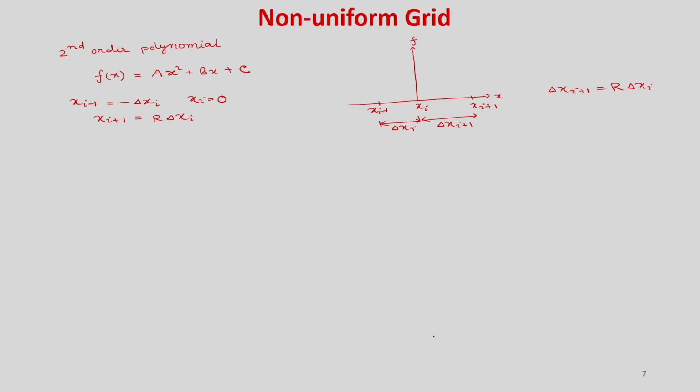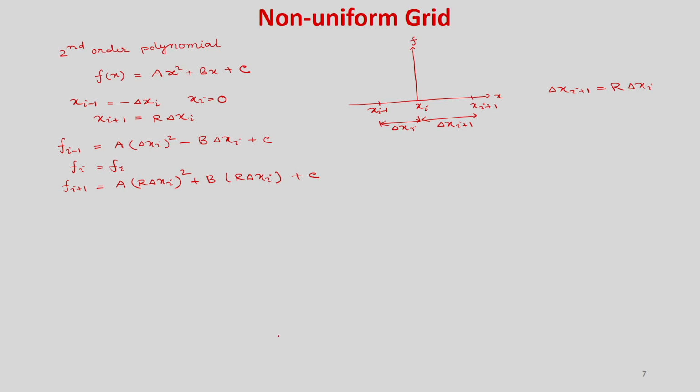Now you put at f_{i-1}: it will be a delta x_i square minus b into delta x_i plus c. Now, what is f_i? f_i is f_i. And f_{i+1} is a into (r delta x_i) square plus b into r delta x_i plus c.